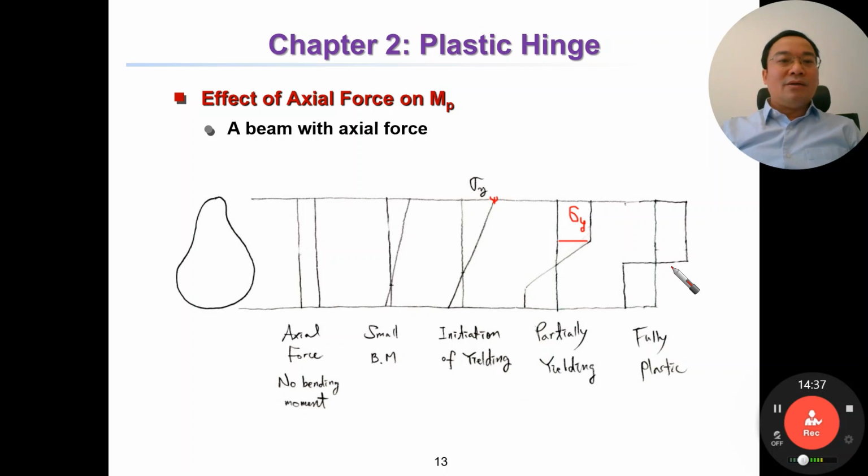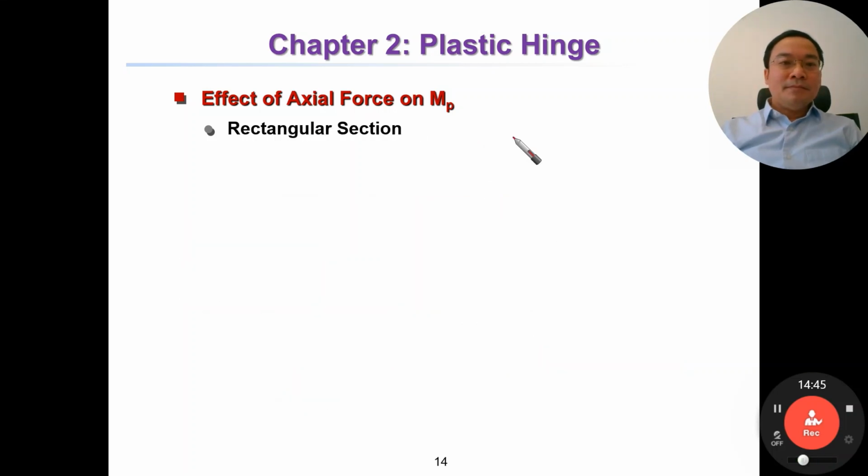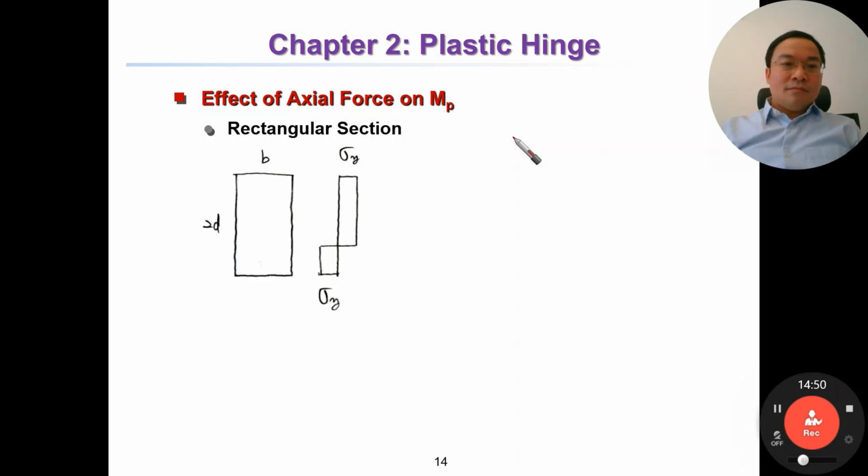And now we are going to see how the axial force affects MP. For a rectangular section under both bending moment and axial force, the stress diagram will be like this, not in the middle but here.